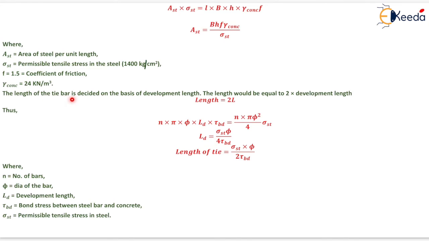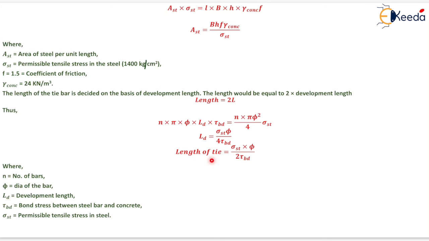The length of the tie bar is decided on the basis of development length. The length would be equal to 2 times the development length. So here length will be equal to 2L. Thus, n into pi into phi into LD into tau BD is equal to n into pi into phi square upon 4 into sigma st. So, development length will be equal to sigma st into phi upon 4 tau BD.